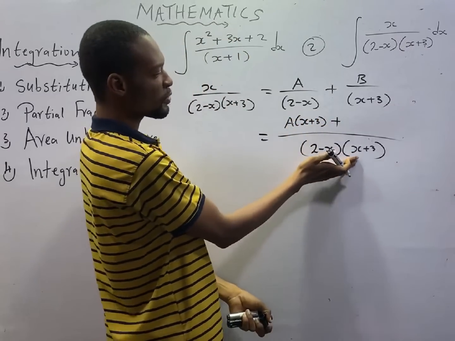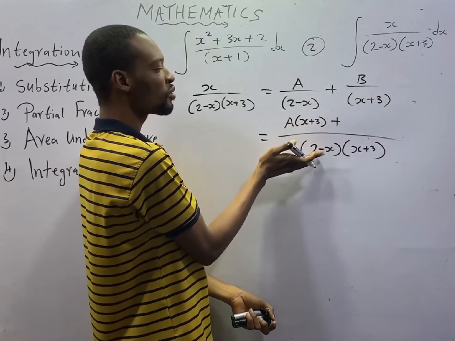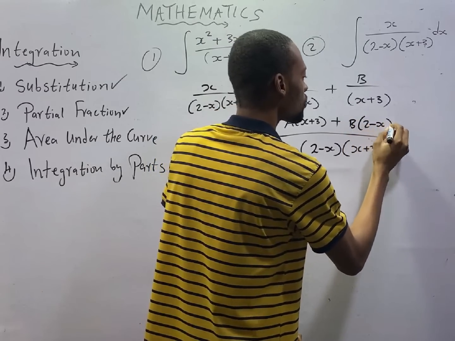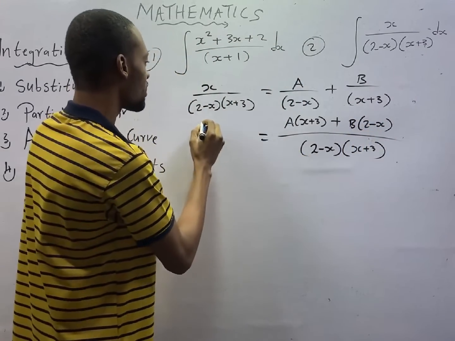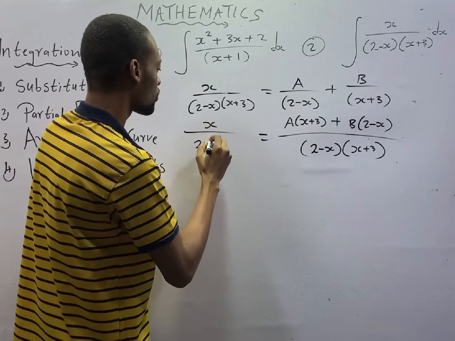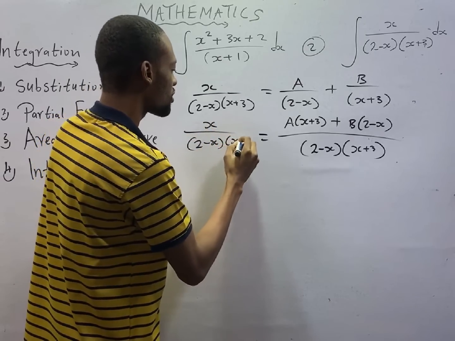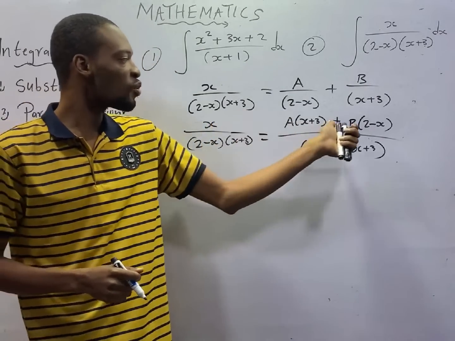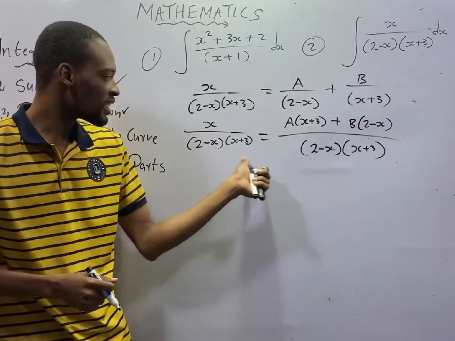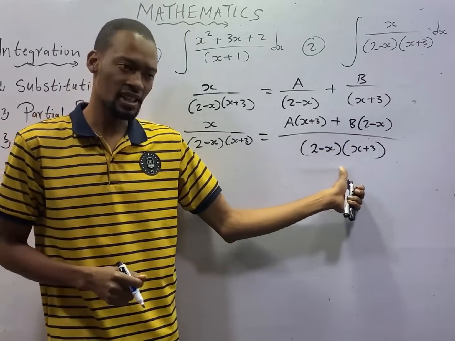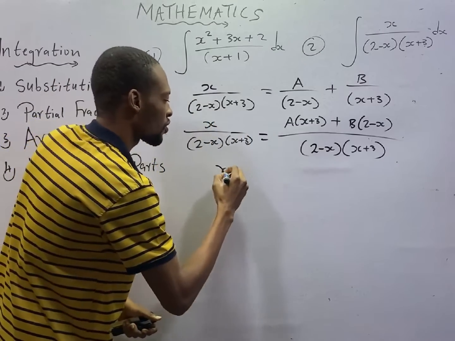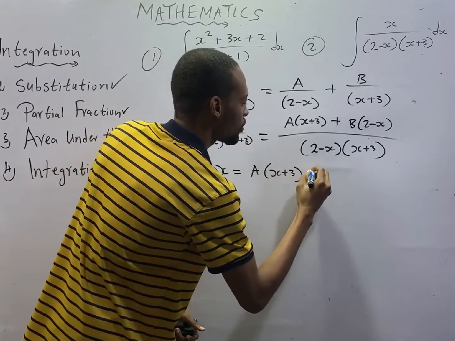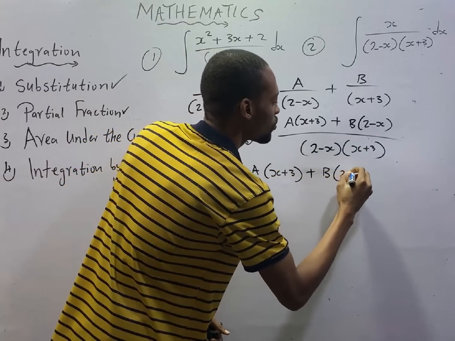Plus, s plus 3 cancels s plus 3, you are left with 2 minus s times B. Now if you look at this, it shows that the denominators are the same, so the numerators are equal: s equals A(s plus 3) plus B(2 minus s).